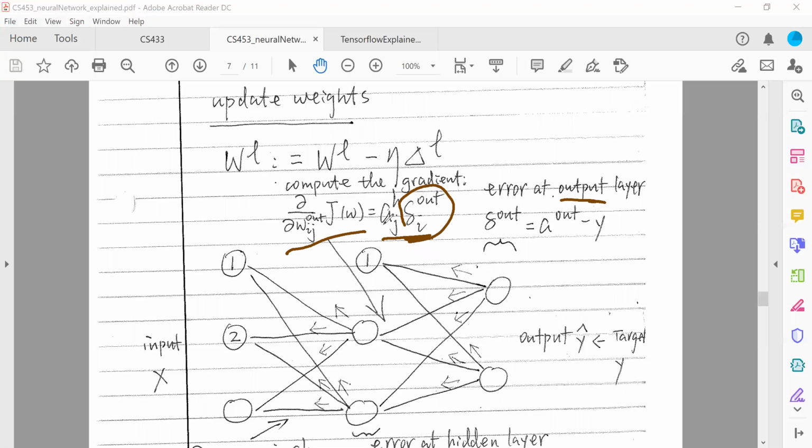So it's going to be equal to the error, which is a vector, times the hidden layer's activation output.